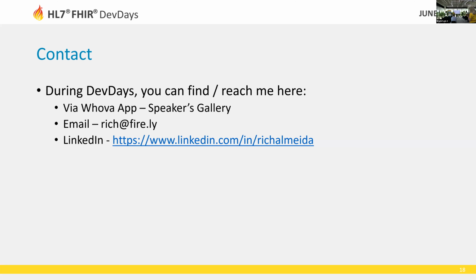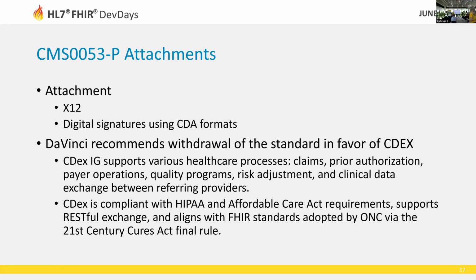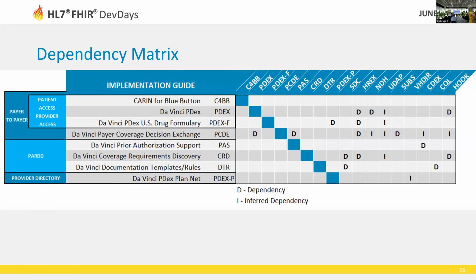Anyone else in the room or online that has a question? I actually did have a question. You had the matrix. It's a very nice overview to see when to use what IG. This is something you made, I assume. I did. Where can implementers find this?